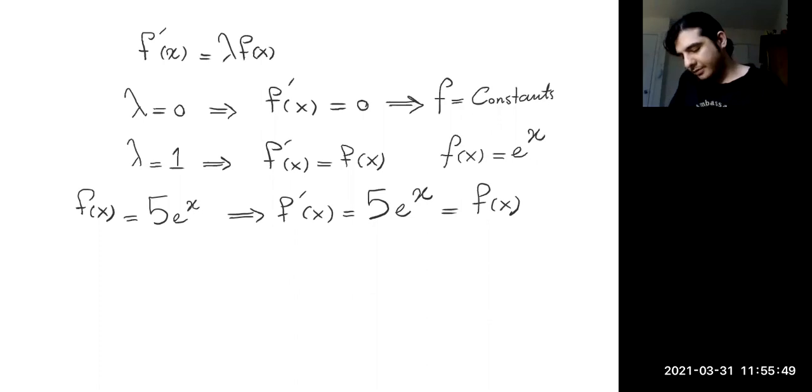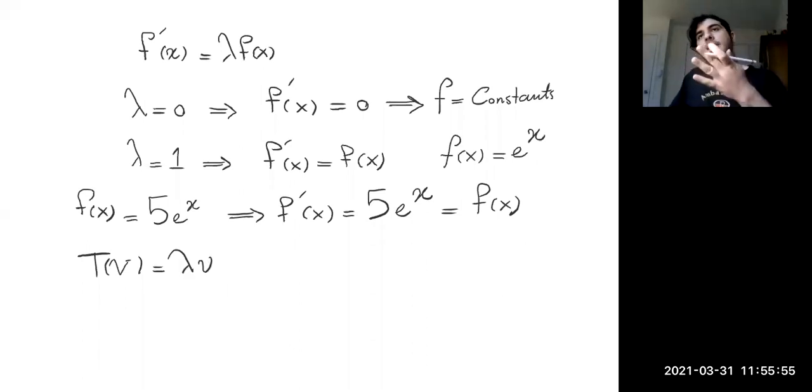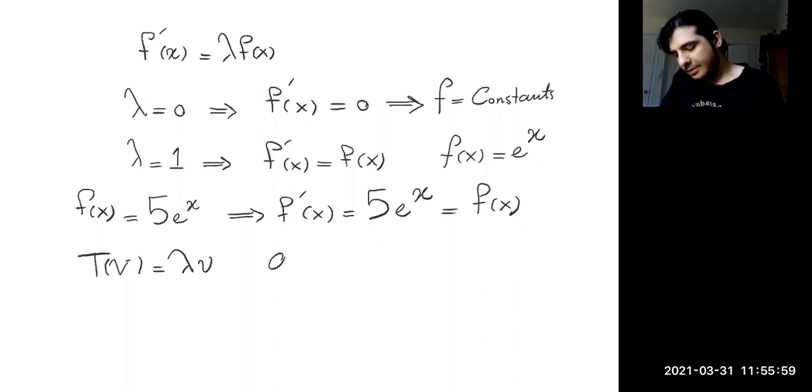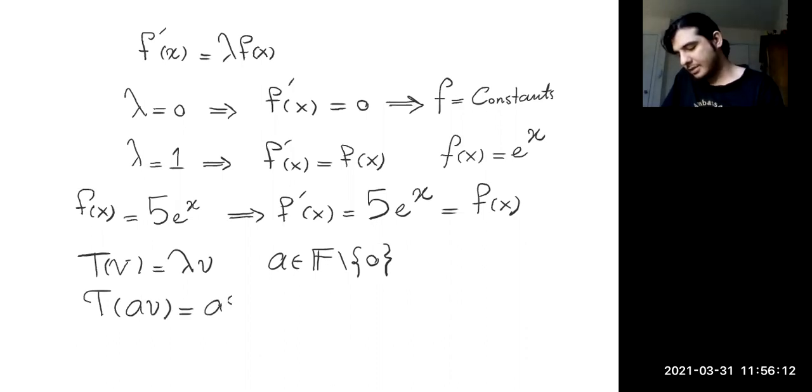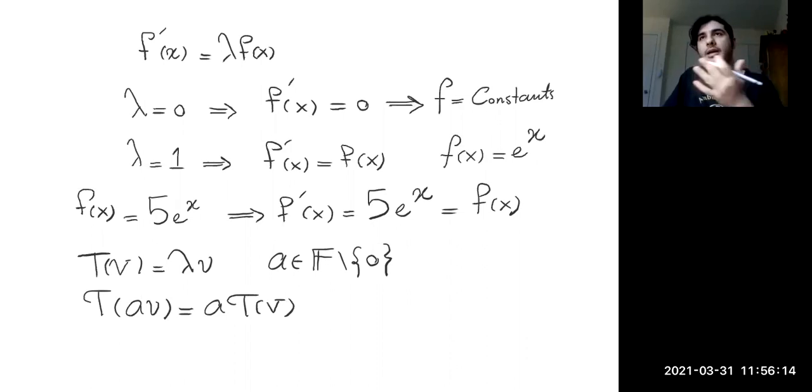And that's true in general. If you have a vector v such that T of v is equal to lambda times v, then for any non-zero element a in the field, we can see that T of a times v is equal to a times T of v, because T is a linear map. A comes out of the function.